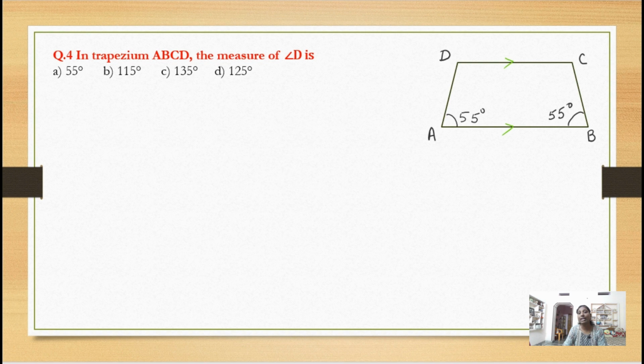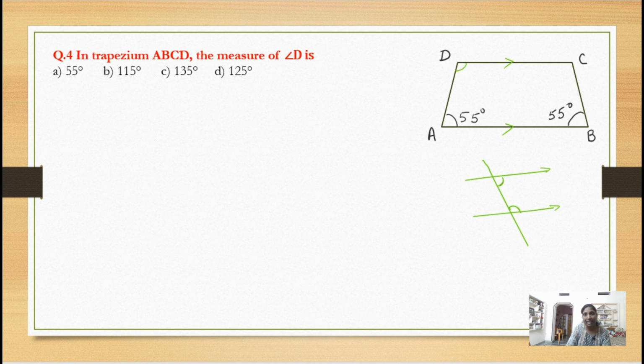In trapezium ABCD, the measure of angle D is. So how will we find the measure of angle D? I hope you know friends, suppose we have two parallel lines and a transversal intersects these two parallel lines. Then see, these are called co-interior angles. The same thing we can see here.